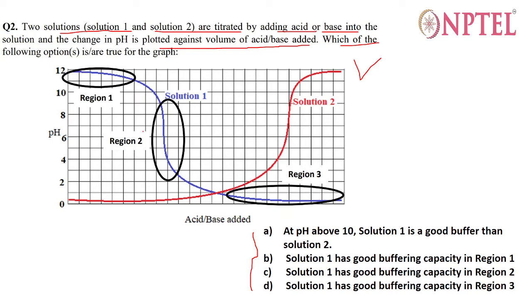At pH above 10, solution 1 is a better buffer than solution 2; then, solution 1 has a good buffering capacity in region 1, and so on. So you have to check and answer quick.